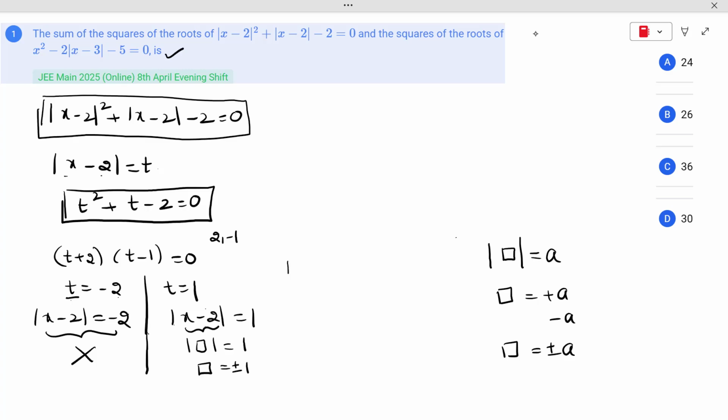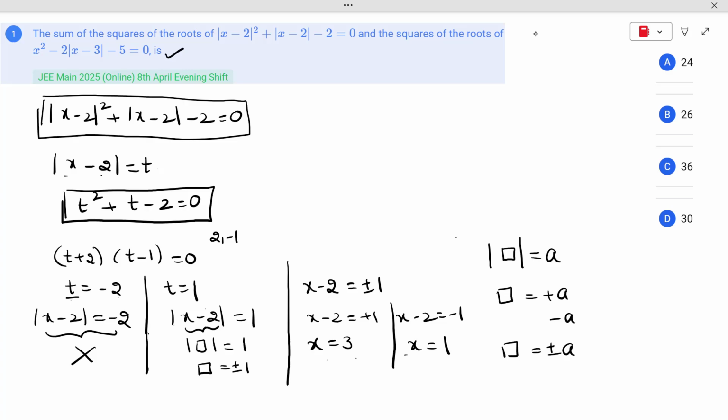That is x - 2 = 1 or x - 2 = -1. So x = 3 or x = 1. So x = 3 and x = 1 are the roots of the first equation.